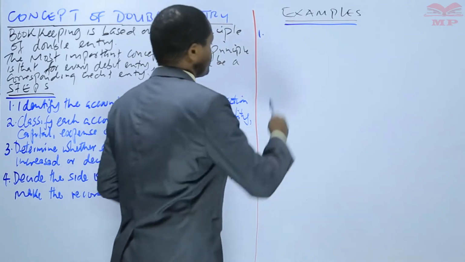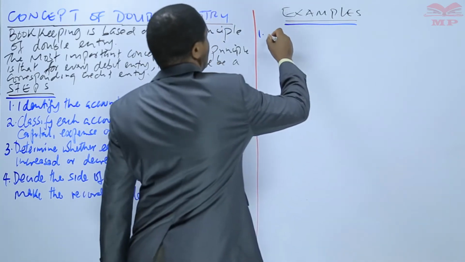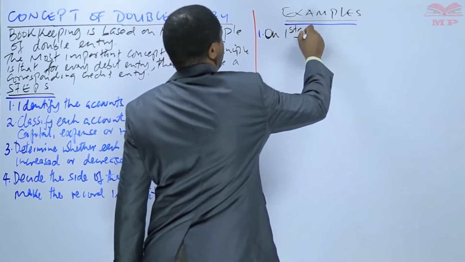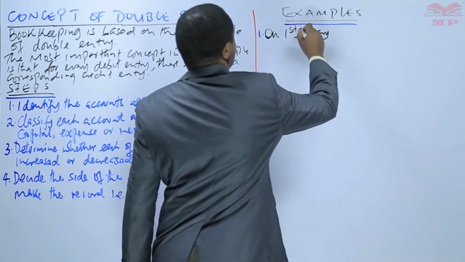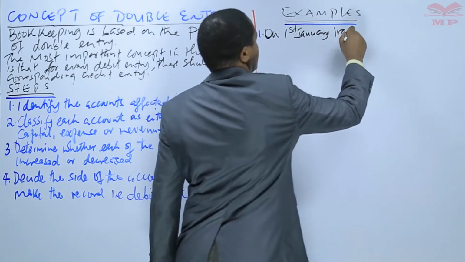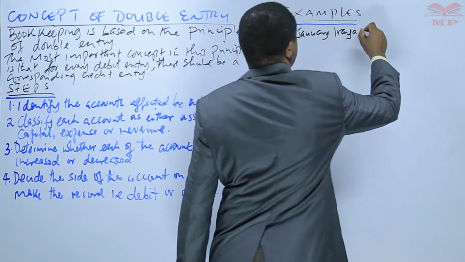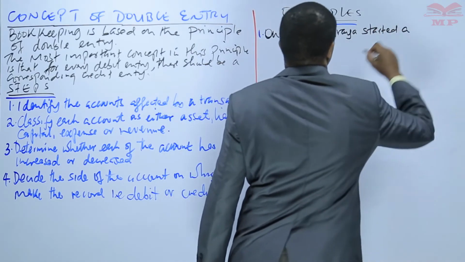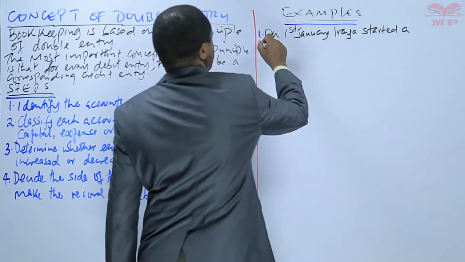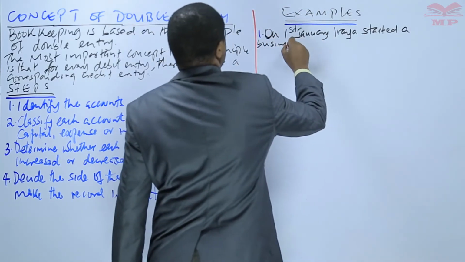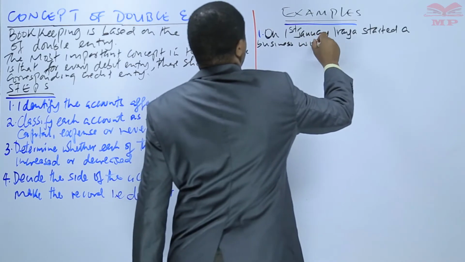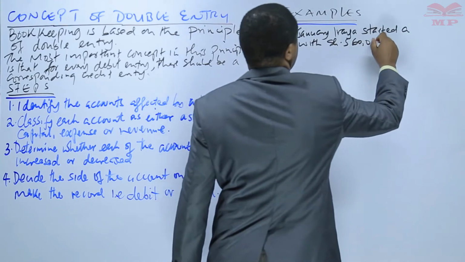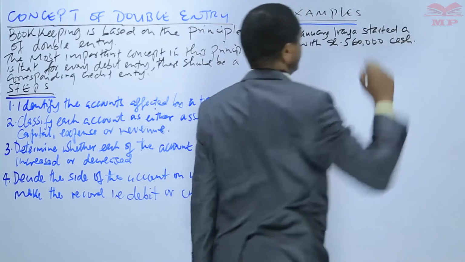Number one, on 1st of January, Iraya started a business with 560,000 shillings cash.